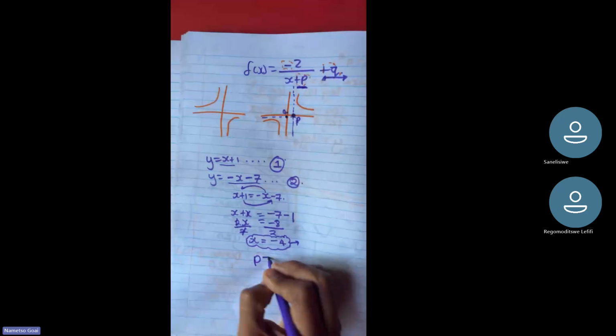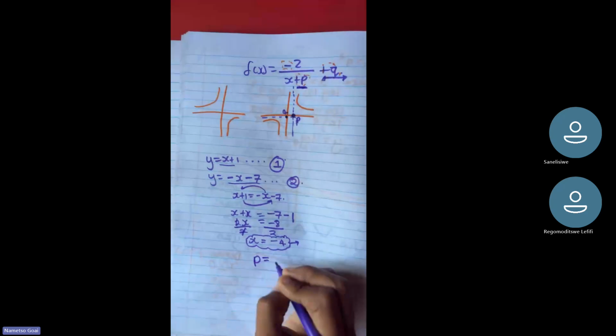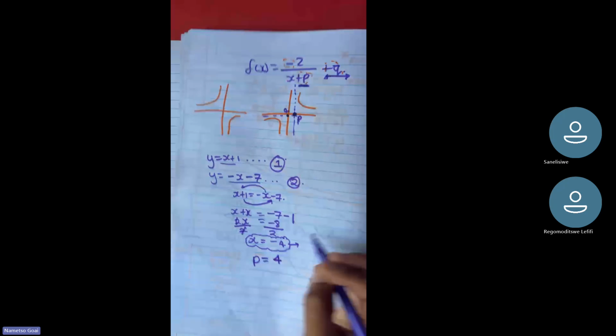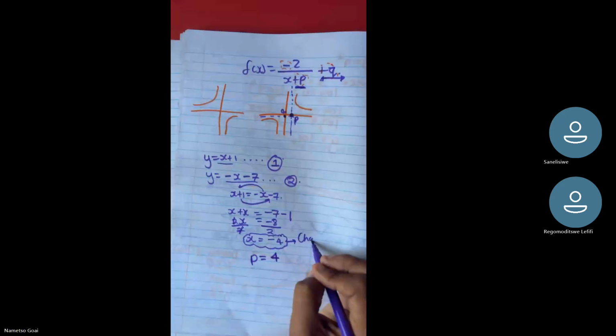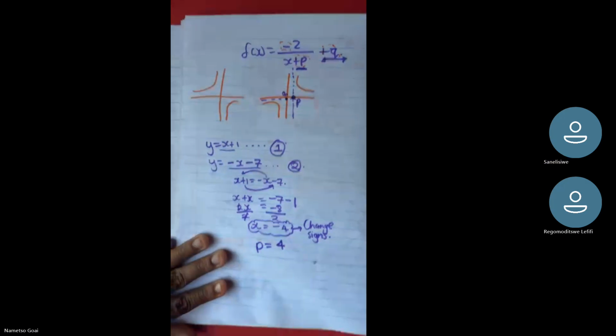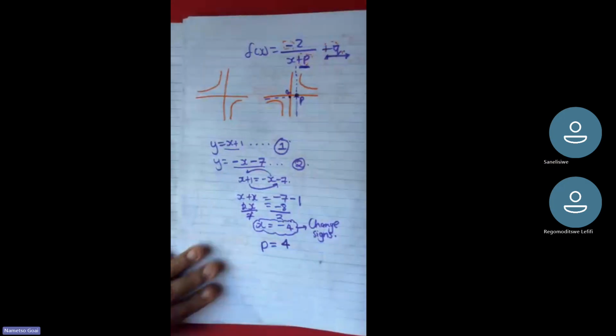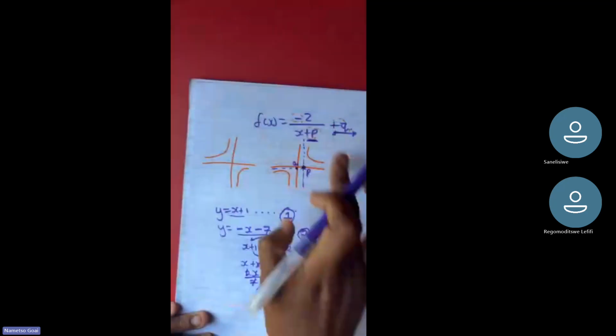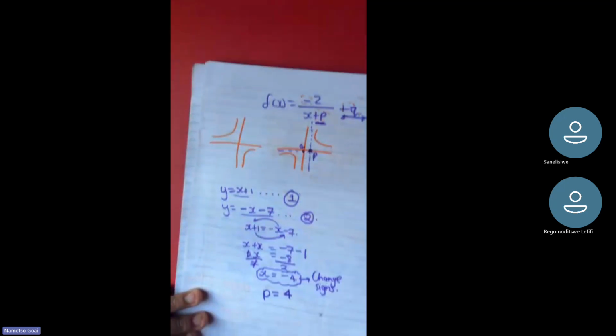We're going to say P equals +4. It's going to change signs. Do you guys get this? Yes. Okay, fine. So now we can plug our 4 into this equation over here.